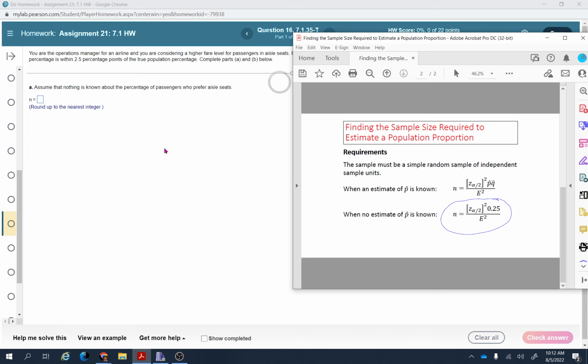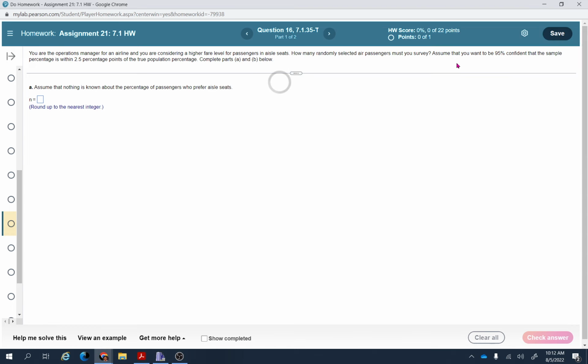If you look at the problem, to find this information, you are given that you want to be 95% confident. That means alpha is 5%. If alpha is 5%, alpha over 2 is 0.025, because half of the 5% is 2.5%.